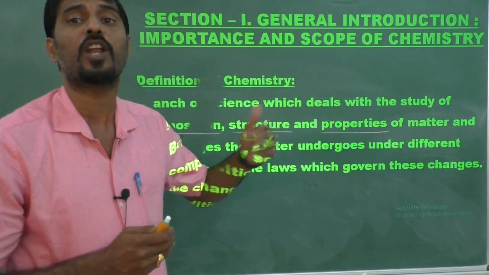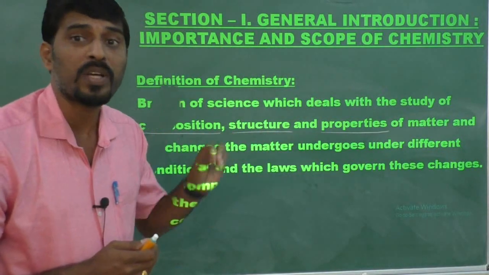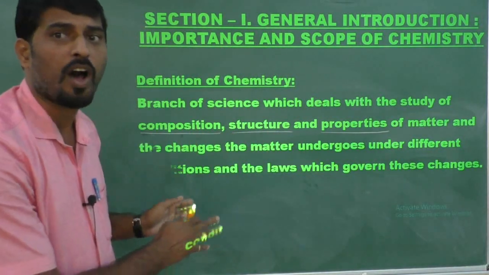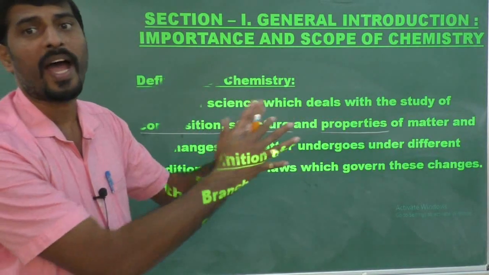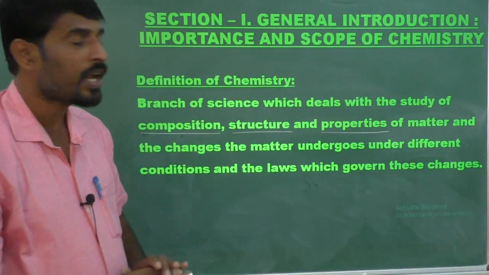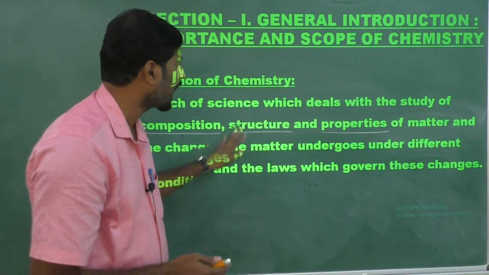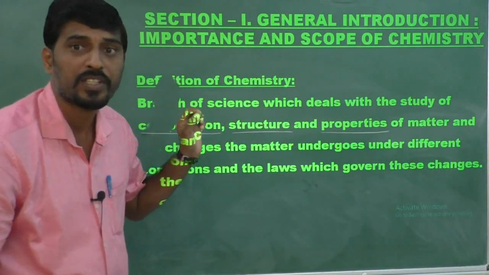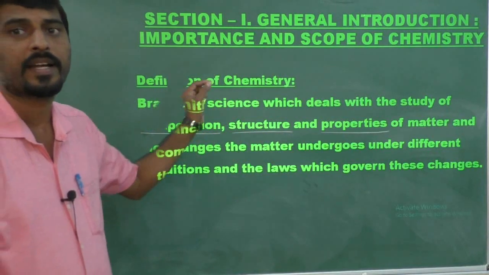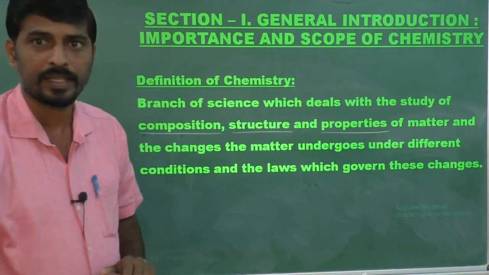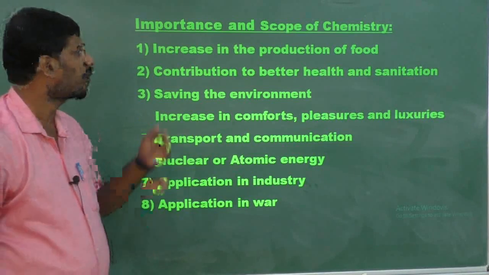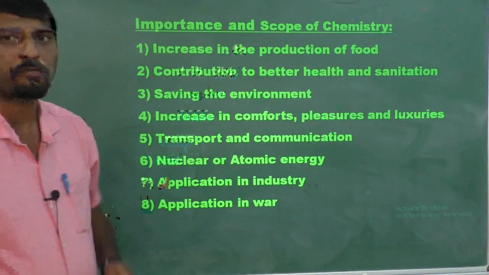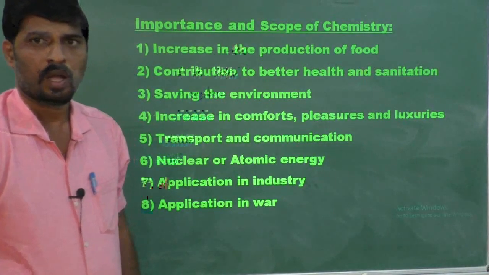What are the different laws which govern the changes of one system to another system? So all these are included, and that branch of science is called chemistry. Is it clear?